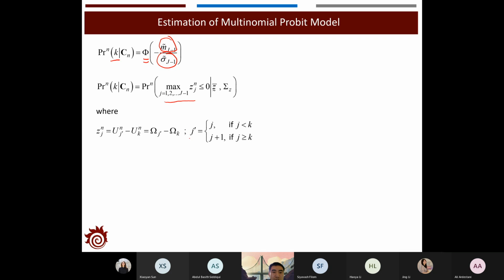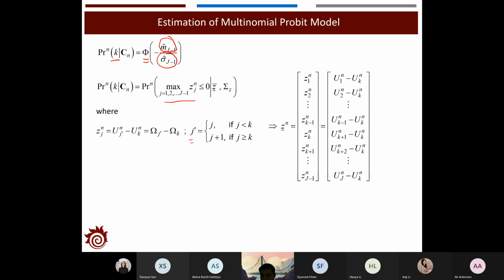We can specify a new index j prime to make sure that all the indices are continuous in the future analysis. With that, we have the vector z, that's z1, z2 until zj minus 1. Those represent the difference from the first alternative to the jth alternative, except case 1, which would be the one that we have selected. And zj tilde is defined as the maximization of all these j minus 1 z's.